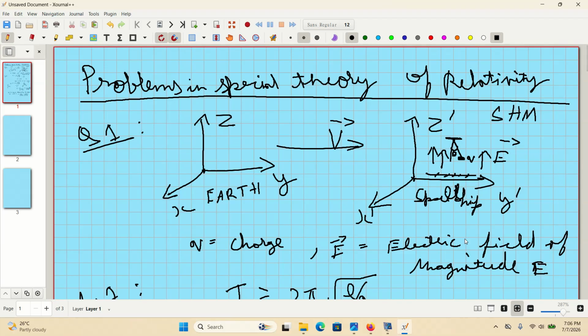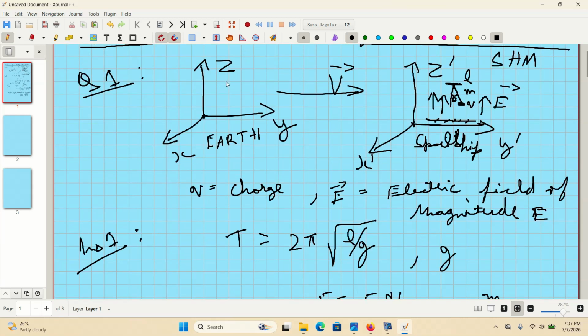If I repeat what I was going to say: you have an inertial frame connected to Earth, and there is a rocket going with some constant velocity with respect to Earth in a rectilinear fashion for now, and there is a charged particle which has some mass m, the length of the string is l, and you have a constant electric field due to a charged plate inside the spaceship.